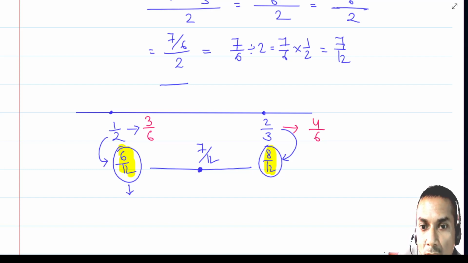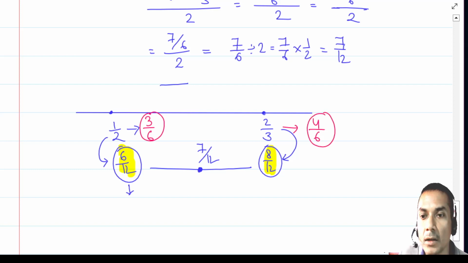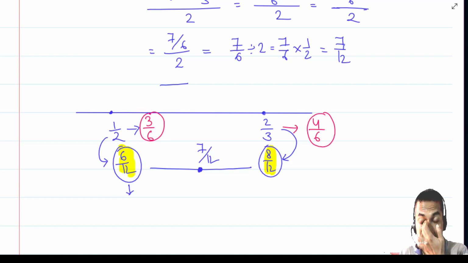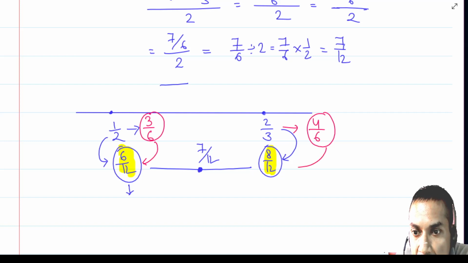So first you have to convert this. It is very, very important. After converting, we multiply by 2, both numerator and denominator, and we get 6/12.